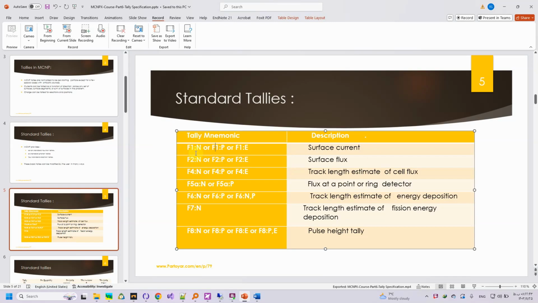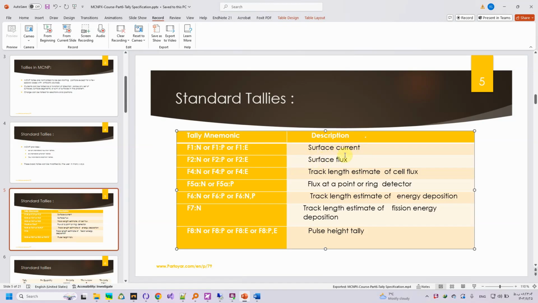F1, we can use for neutron, photon, or electron, and F1 is surface current. F2, which we can also use with neutron, photon, and electron, is surface flux.